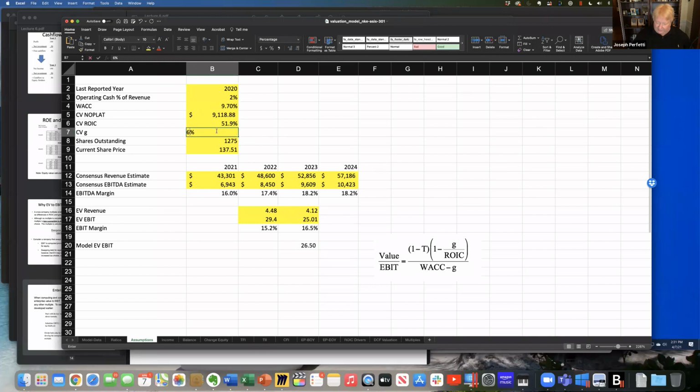What if, as we did in the last class, it were 6.83%? Then I'm pretty much matching the EV to EBIT in the real world with the one here in the model. So this is probably a much more realistic G in terms of what the analysts are using to get the current TCF.